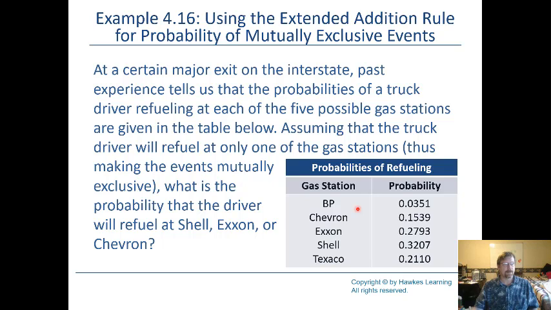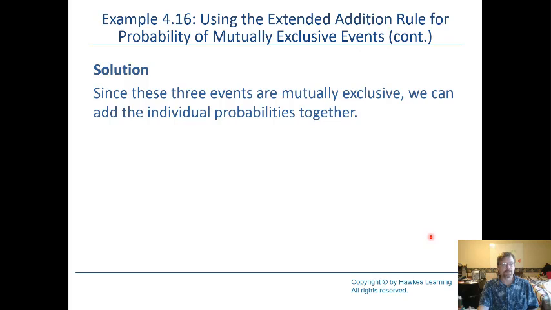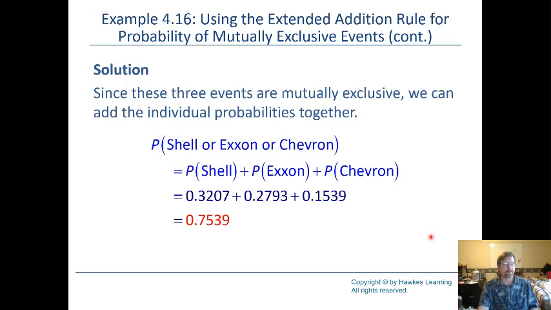So what are the probabilities he will end up choosing Chevron, Exxon, or Shell? They're mutually exclusive, so we can add the individual probabilities together and not have anything subtract off because there's no chance he'll stop at Shell and Exxon and Chevron, and we get 75.39%. Okay.